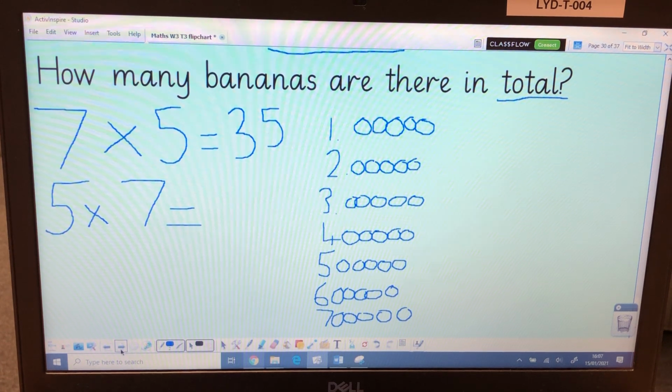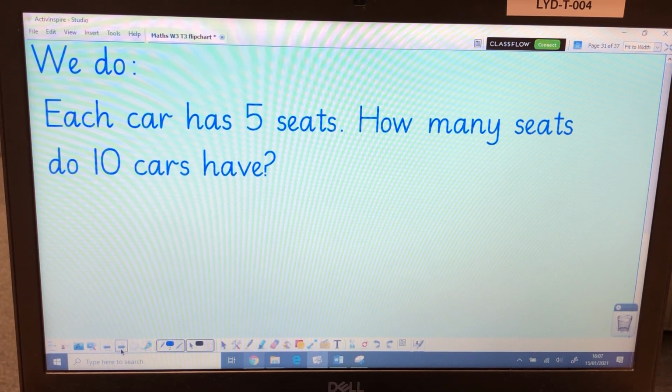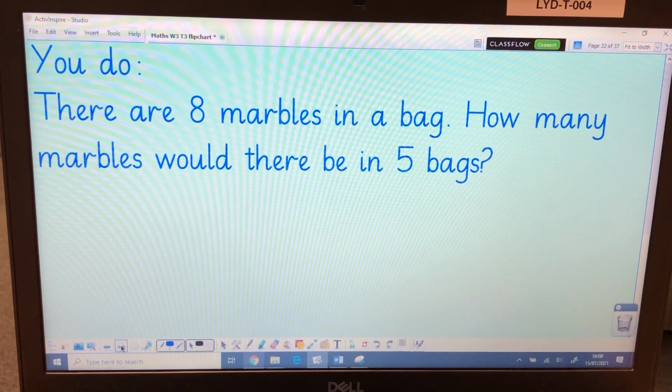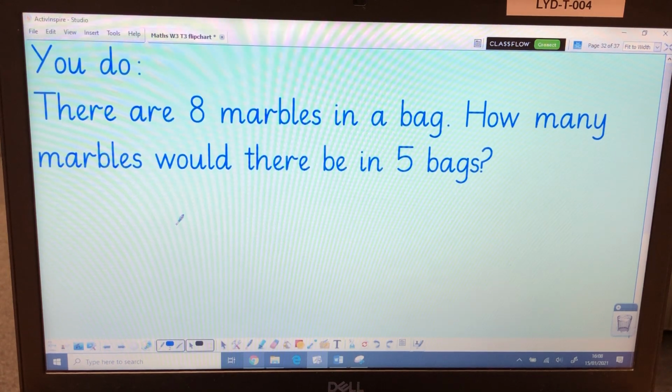Okay. We're going to have a go at another one now, but I think you can have a go on your own. So I'm going to skip this slide and we're going to go into a you do straight away. I'll read the question out and then you can pause the video and try and work this out on your own or with your adult at home. There are 8 marbles in a bag. How many marbles would there be in 5 bags?